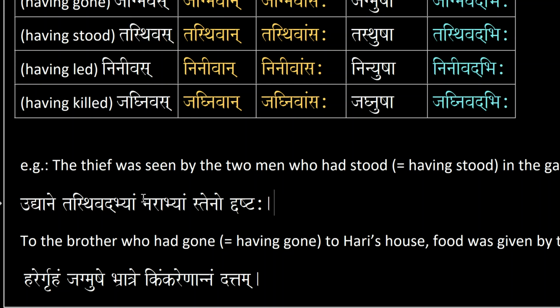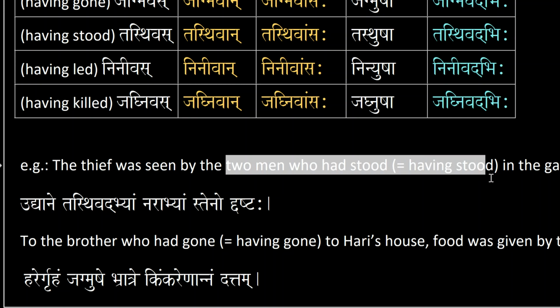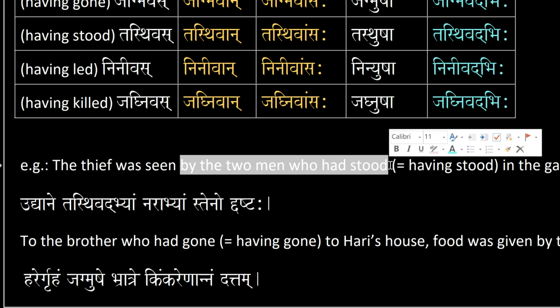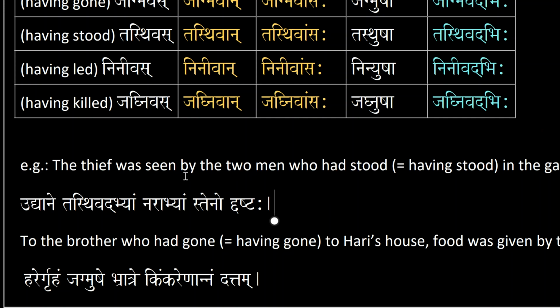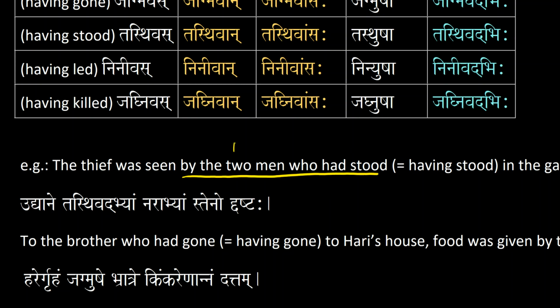And look at the way it is being used here: two men who had stood, or two men having stood in the garden. Since it's by the two men who had stood, it's going to be instrumental dual.